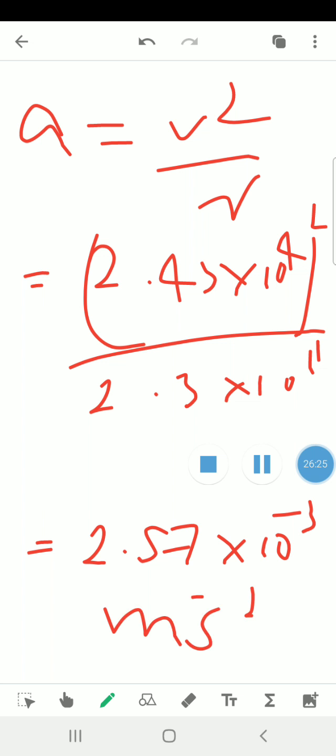So you can see that it is a very small centripetal acceleration, so very little gravitational force there, right?